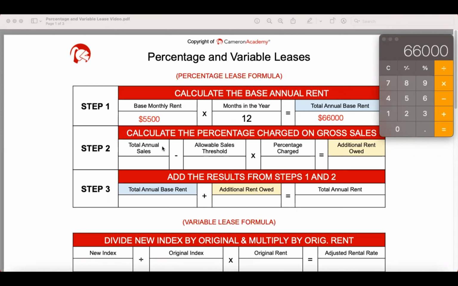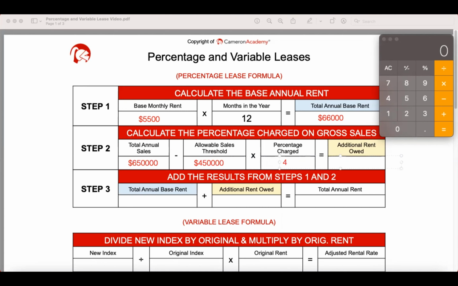Now let's focus on the percentage charge on our gross sales. What are the total annual sales for this business? We know it's $650,000. And we know the allowable sales threshold. They said if you exceed or go over $450,000, which we can obviously see that we did, they're going to charge us a percentage on that difference. What is that percent?